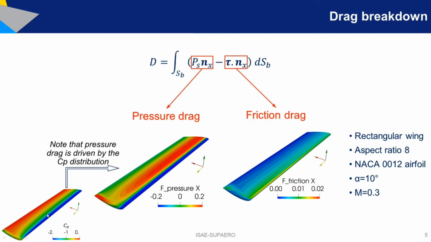For example, here in this region you have a strongly negative Cp, which means there's a local low pressure, and since this is at 10 degrees, this generates a suction pointing towards the downstream, which will generate drag, and that's why drag in this region is positive, because you have a pressure force acting on this part pointing to the left hand side, which means this is a drag. So it's quite practical to analyze the Cp instead of this field for this particular case.